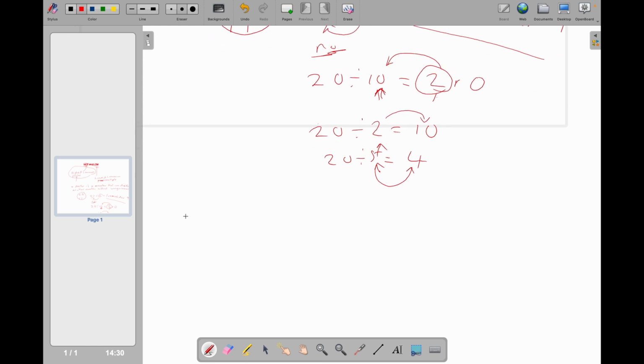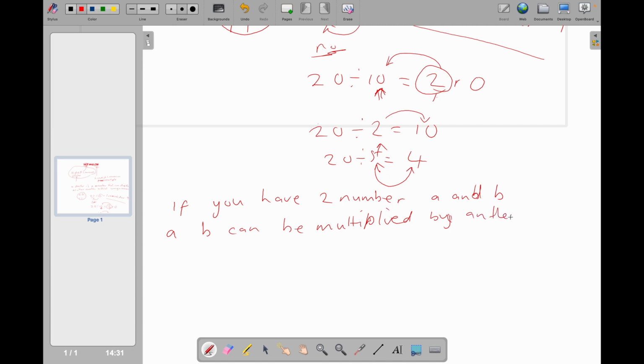So what we can take from this is, if you have two numbers A and B, and B can be multiplied by another integer to give us A, this means B is a factor.